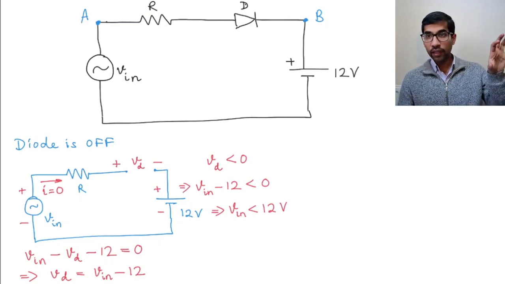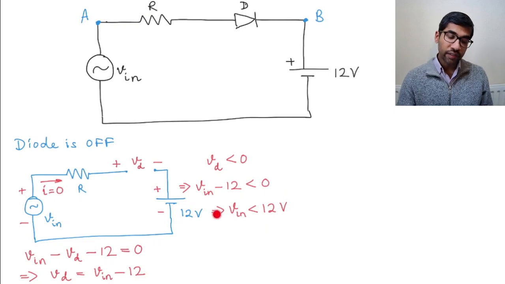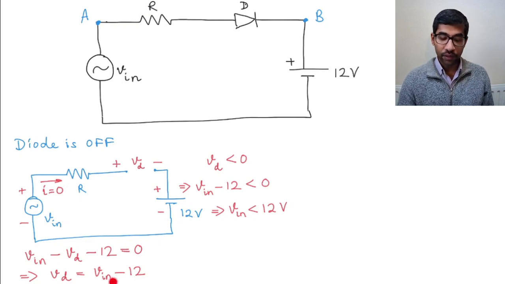So the diode is off when Vin is less than 12 volts. And at that time the current is 0 and Vd is less than 0.